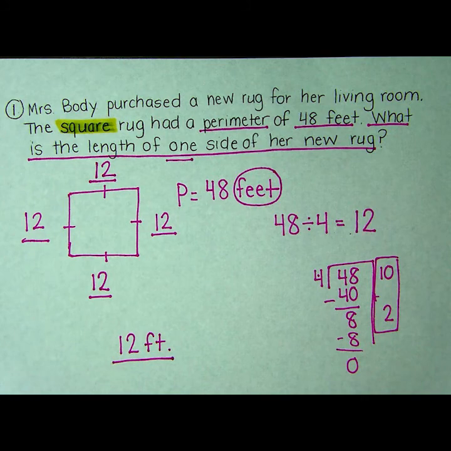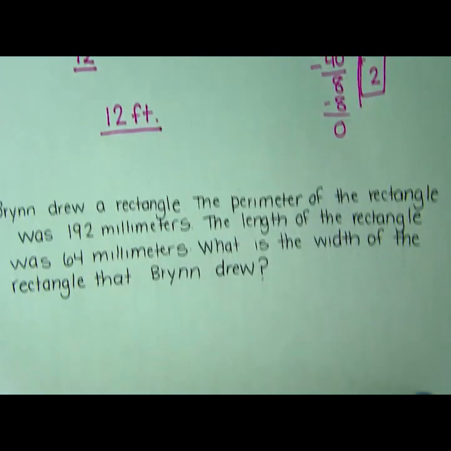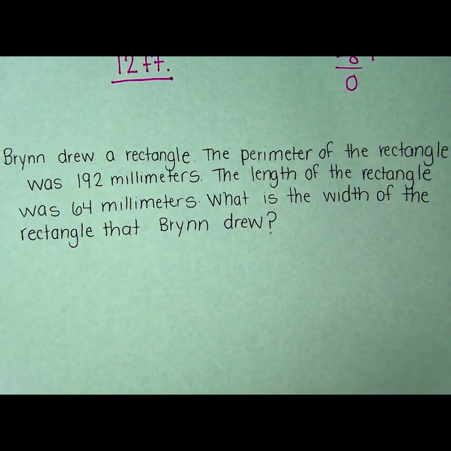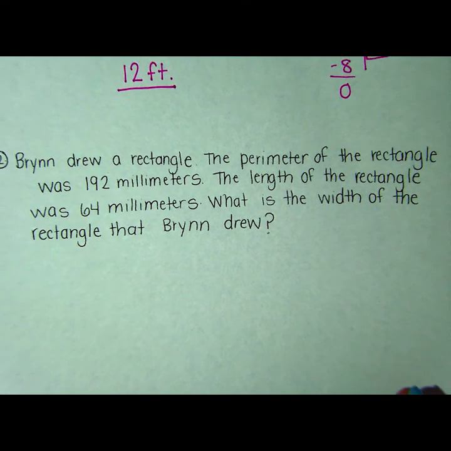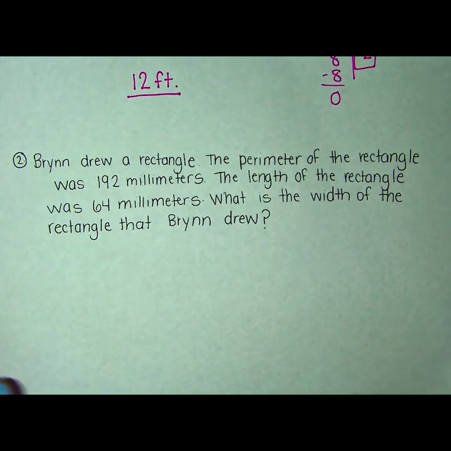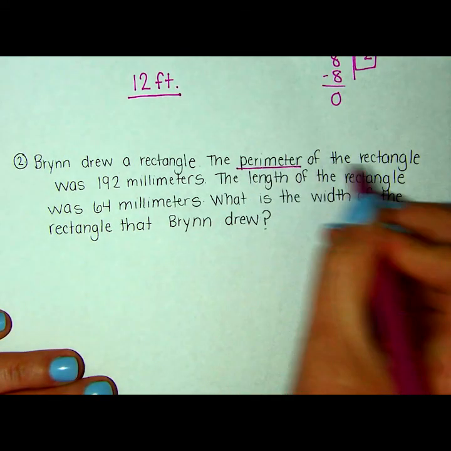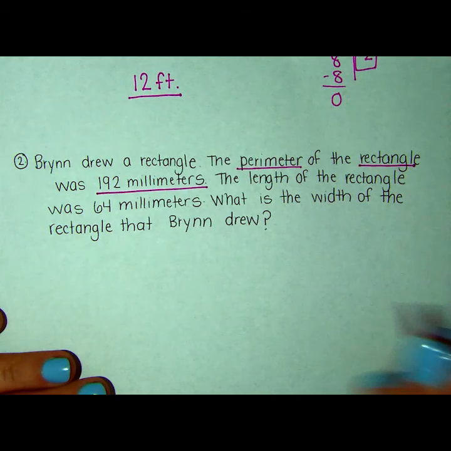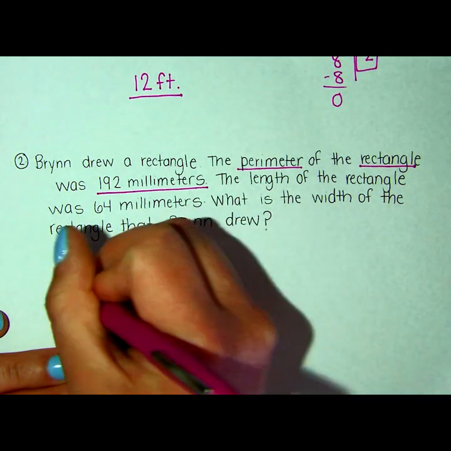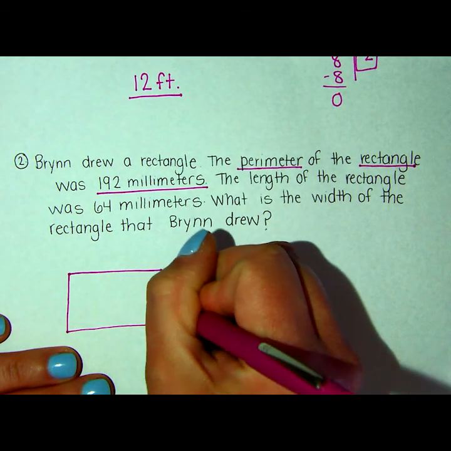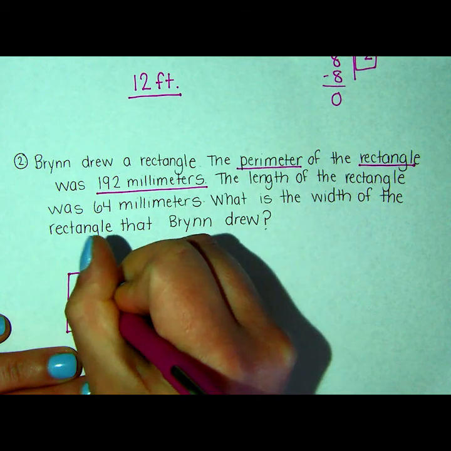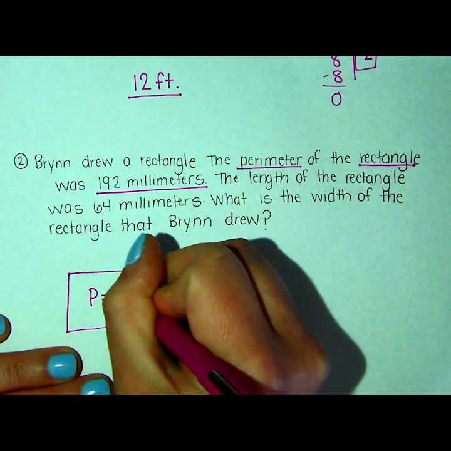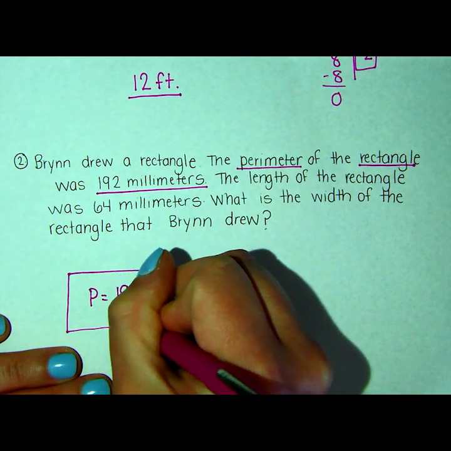Let's take a look at problem number 2. Bryn drew a rectangle. The perimeter of the rectangle was 192 millimeters. My brain automatically thinks of a rectangle now, and I know perimeter is equal to 192 millimeters.